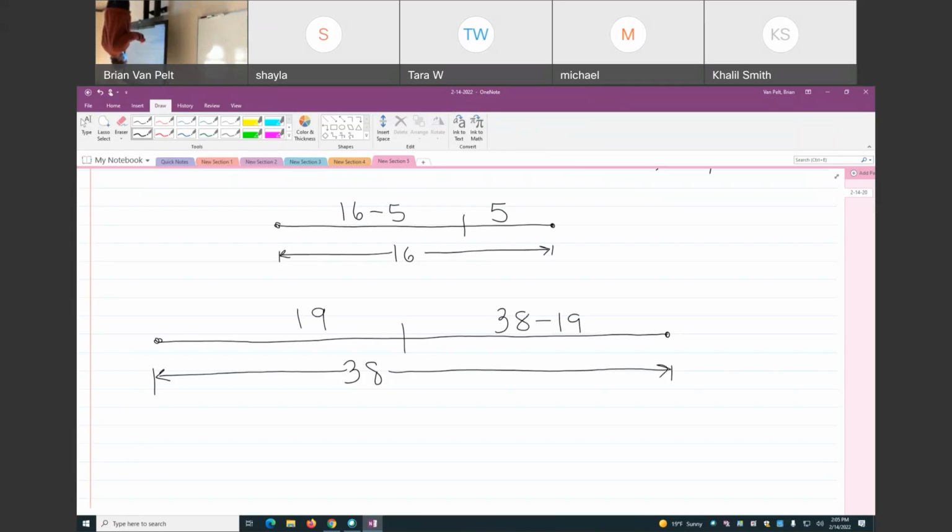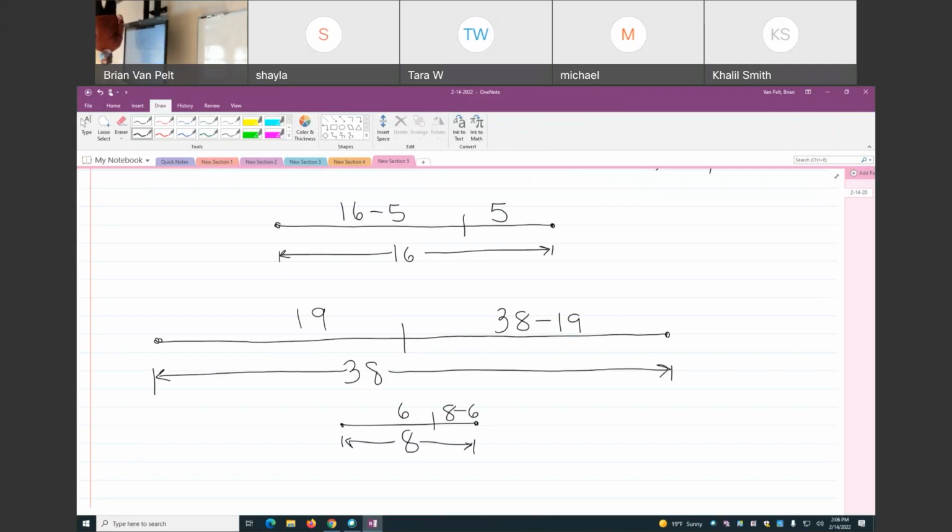Or it would be shorter. Can you tell me what the blank spot left over is on this one? 2. How did you get that 2? 6 minus 8? You didn't do 6 minus 8. 8 minus 6.